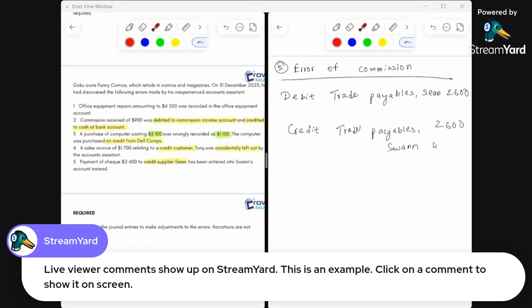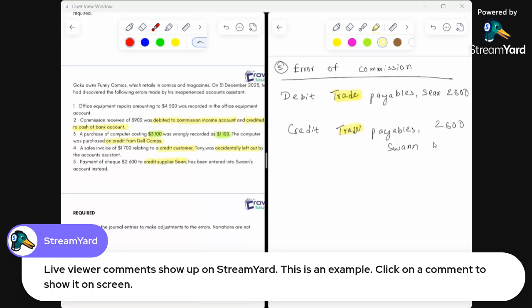So Sean and Swan both are credit suppliers of the business. Both are your trade payables. You see the key phrase here is trade payables. I haven't said other payables because they are my suppliers. So that's why I'm calling them trade payables. Now, we made a payment to Sean, but we ended up recording it in the account of Swan, and both of them are trade payables.